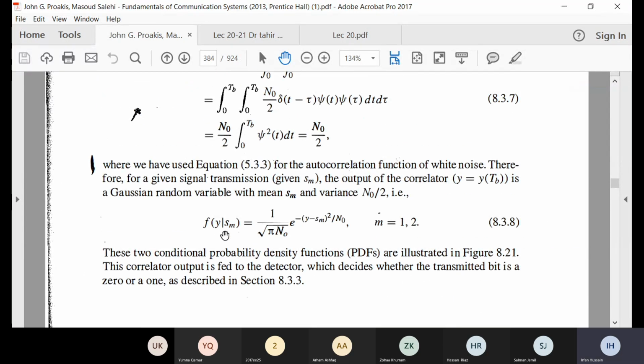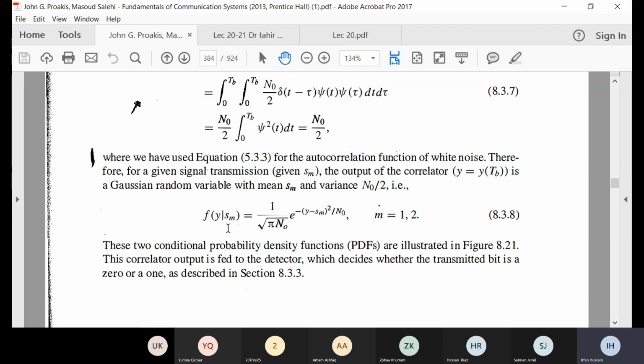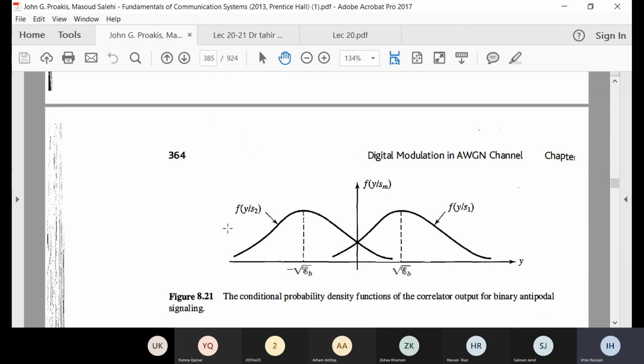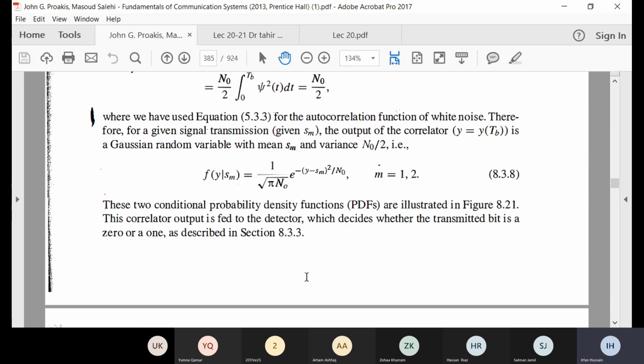So this will be the probability of y given Sm, where m could be 1 or 2. This could be y given S1, y given S2, and the probabilities you can see are given here. For y given S1, this will be again a Gaussian random variable with mean shifted to under root Eb, while for y given S2, the mean is shifted to minus under root Eb.